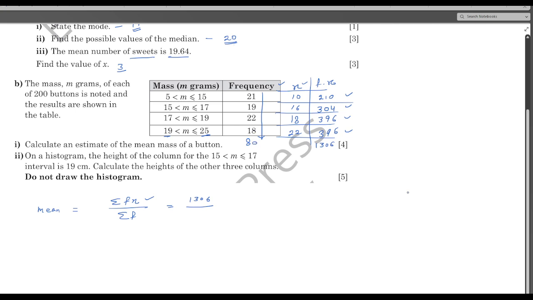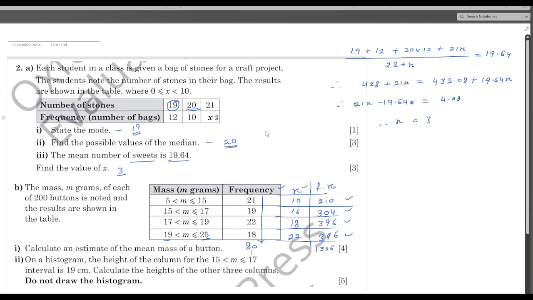Sometimes it is mentioned in the problem also: the mass m gram of each of 200 buttons is noted and the result is shown in the table. So here there is a big problem. If I add these frequencies, it is not 200. So definitely there is something wrong with the problem.